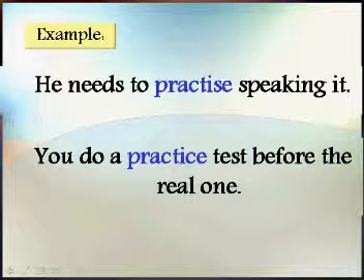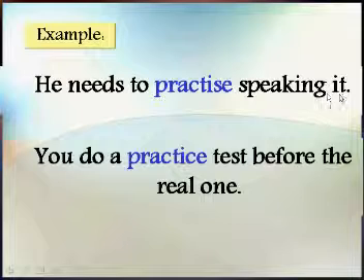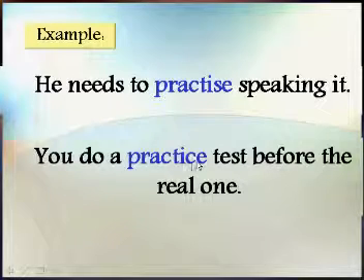Practice here, of course, is a verb with S. He needs to practice speaking it. And you do a practice test. Practice here is a noun. You do a practice test before the real one.